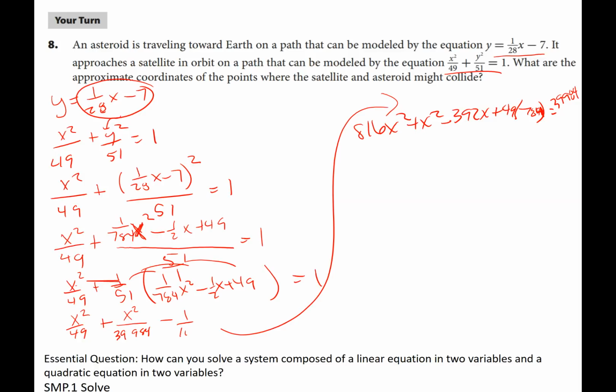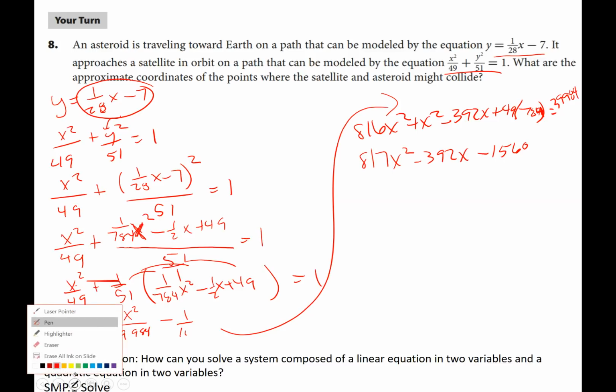We've got 816 plus the 1x squared is 817x squared minus 392x, and then this 49 times this 784, hopefully you check it in your calculator, is minus 1568. No, it's not. Okay, hang on. Got to fix that.